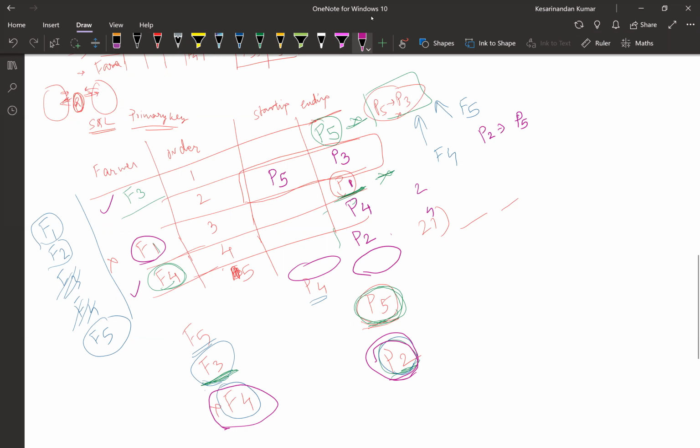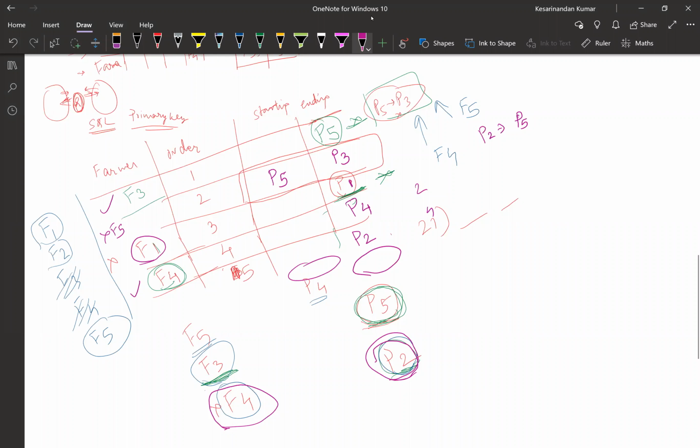Now the starting point of F5 would be P4. F5 cannot be in the first as well as in the fourth position. And yes, it also cannot be in the second position. We cannot have F5 here as well, because P4 has to be the starting position for him.